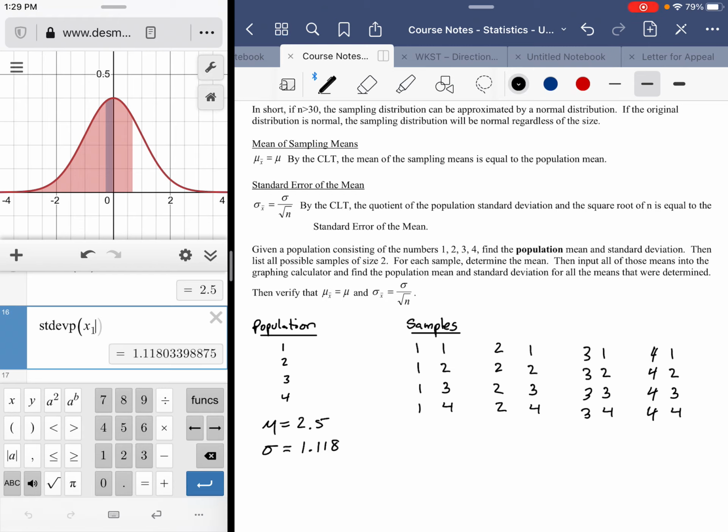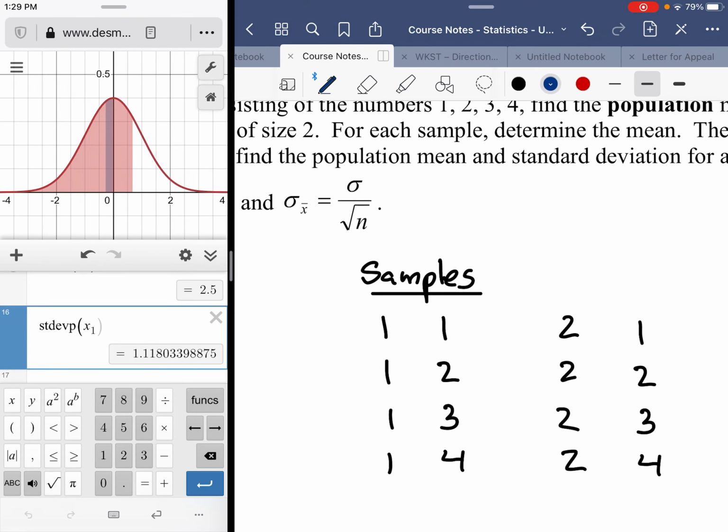All right. So what we want to do is average each possible pairing. So we're going to average each of these. And so we would do that down the line.